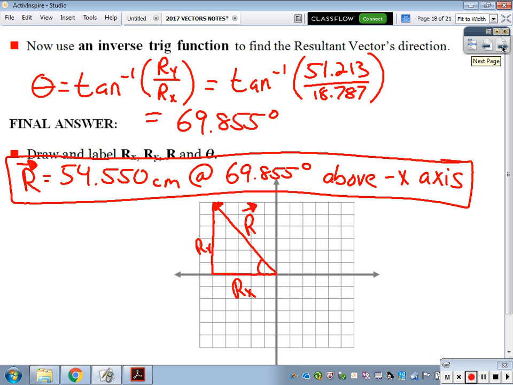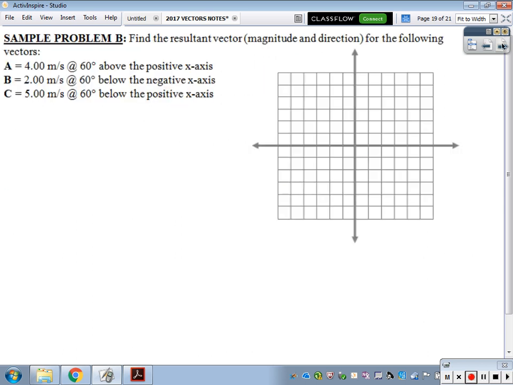That's a lot to process, and sometimes in physics, I just have to put this out there. Sometimes I have to give you this big process, and sometimes that's just what we have to do. Okay? What I'm going to ask you to do now is flip your page over, and what you will find is sample problem B. I would like for you, from start to finish, to carry out this problem. Look at all the space you have.